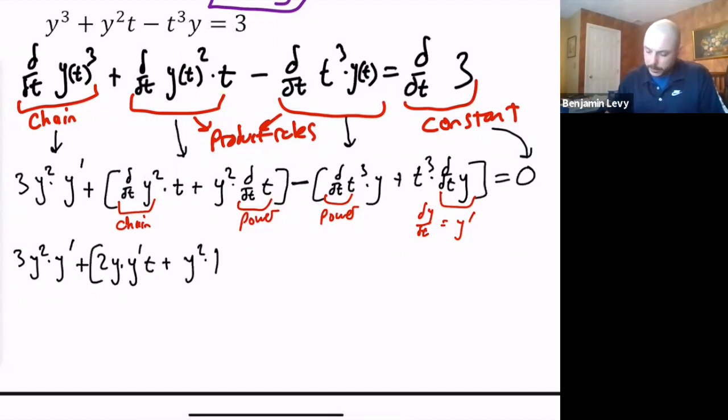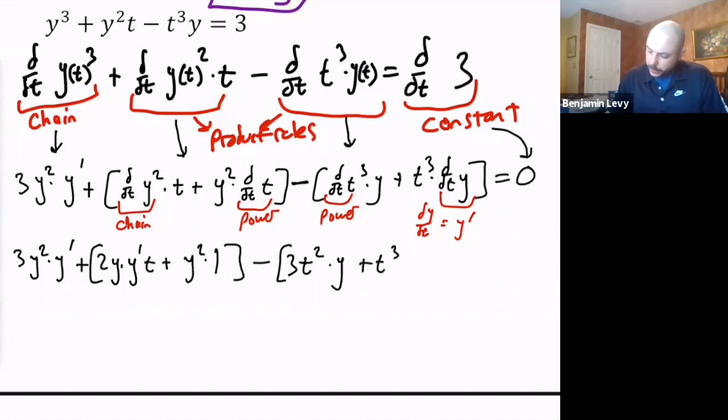So here's that first product rule kind of repeated. Hopefully that looks okay. And then the second one will become 3t squared times y. And then we just do y prime on the second piece. Let me know how that looks.